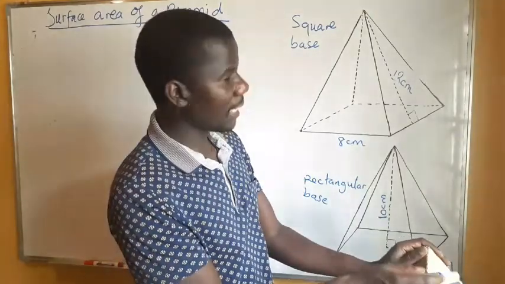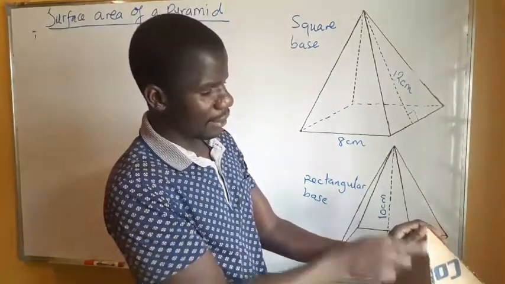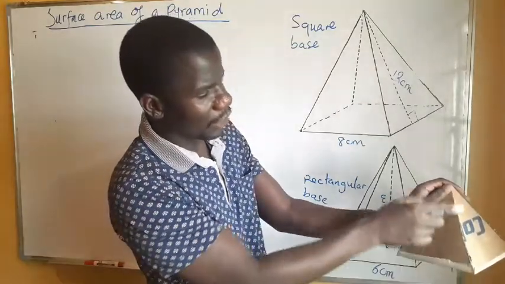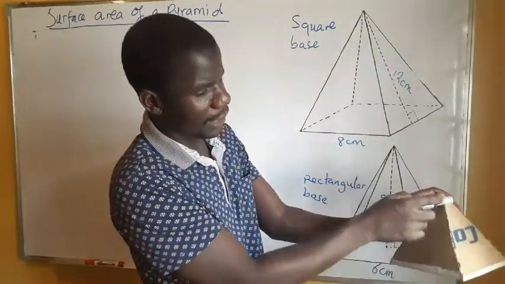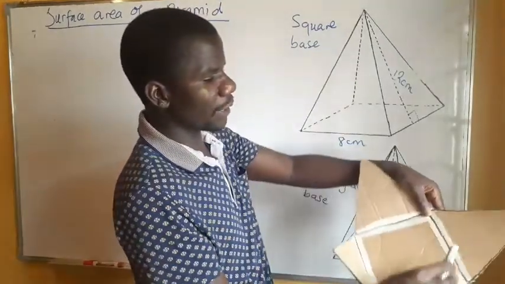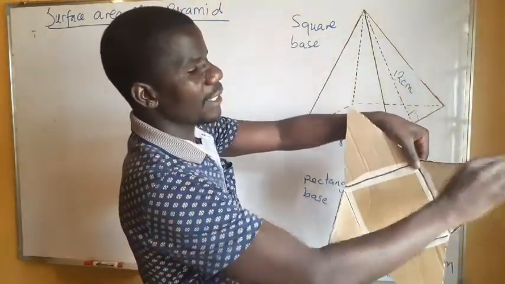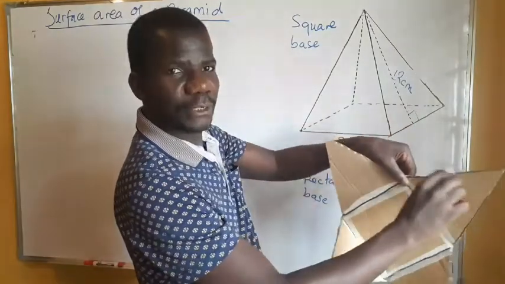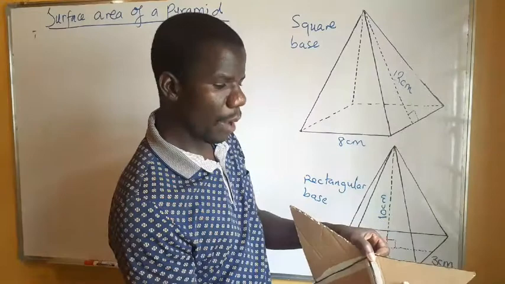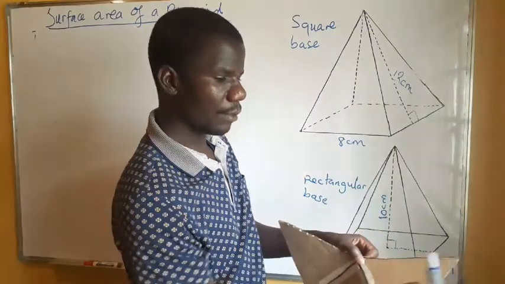Our 12 is here, and then this edge is here. If you've got a measurement on this edge, when you open it, that measurement is going to be along this line. But the measurement that we need to calculate the area of a triangle is this middle one. Okay?